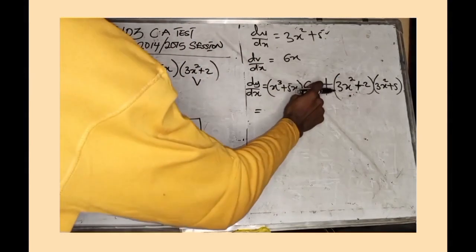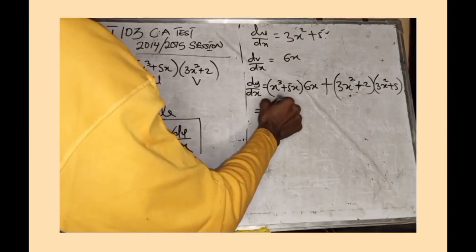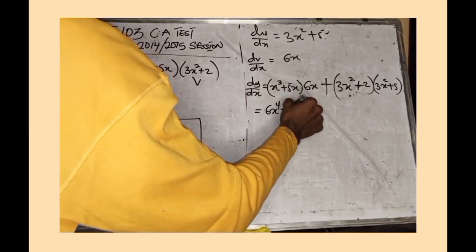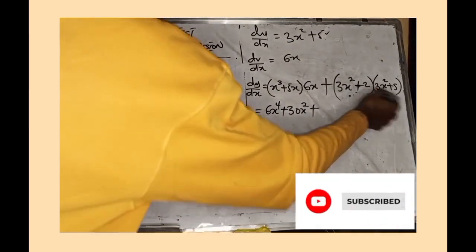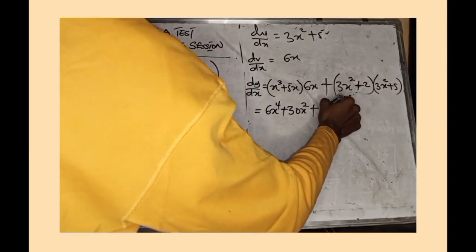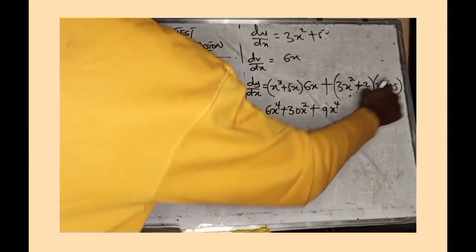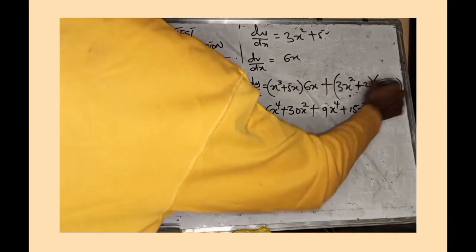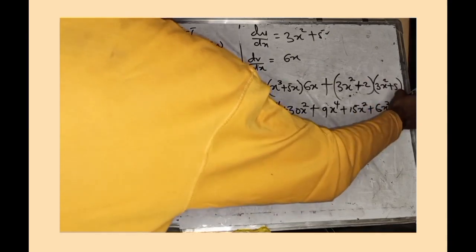Using this to multiply, 6x times x cubed will give me 6x to the power 4, plus 5x times 6x will give me 30x squared, plus, now let me multiply 3x squared times 3x squared, 3 times 3 is 9, which is 9x to the power 4. 3x squared times 5 will give me 15x squared, plus 2 times 3 will give me 6x squared, plus 2 times 5 is 10.